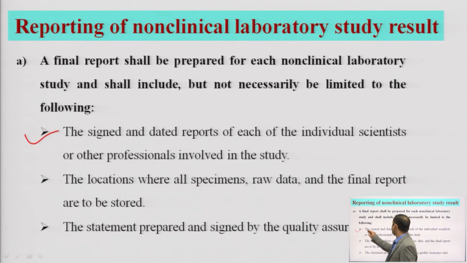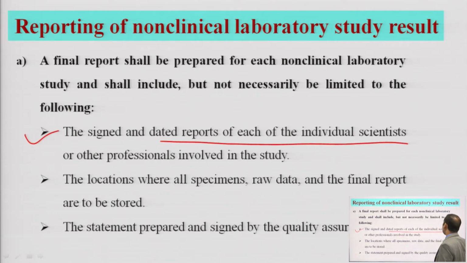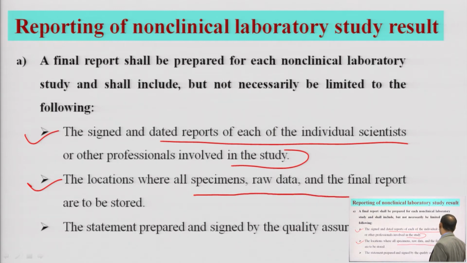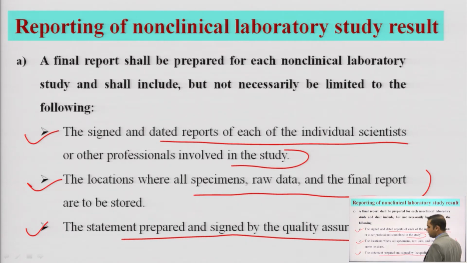A signed, dated report from each of the individual scientists and other professionals involved in the study, the location where the specimen, raw data and other final report are stored, and the statement prepared and signed by the quality assurance unit. You see, ultimately the quality assurance people come into the picture here, because whatever we are trying to do, our main work is to ensure the quality, right.